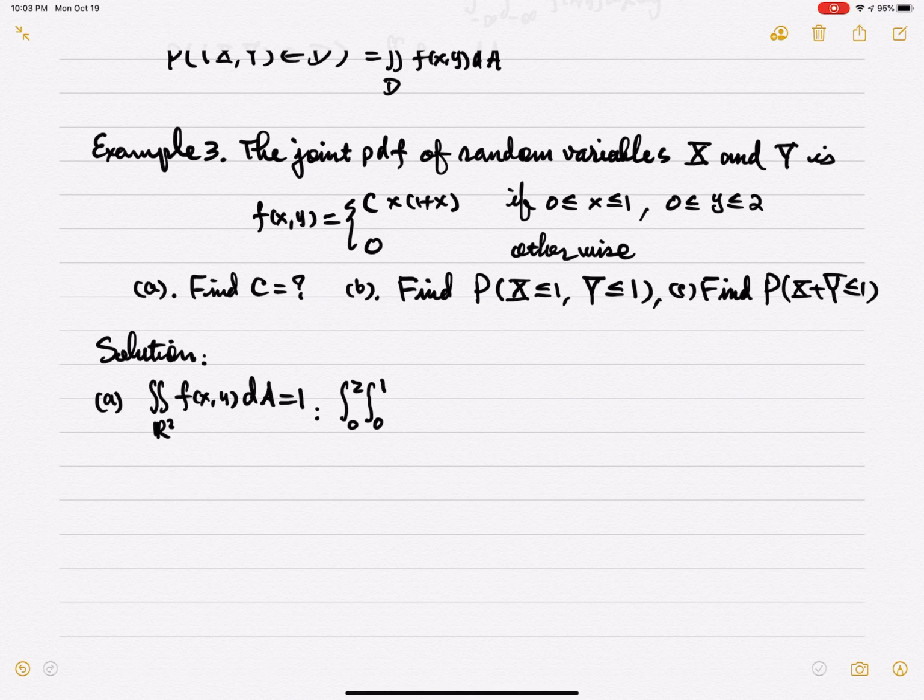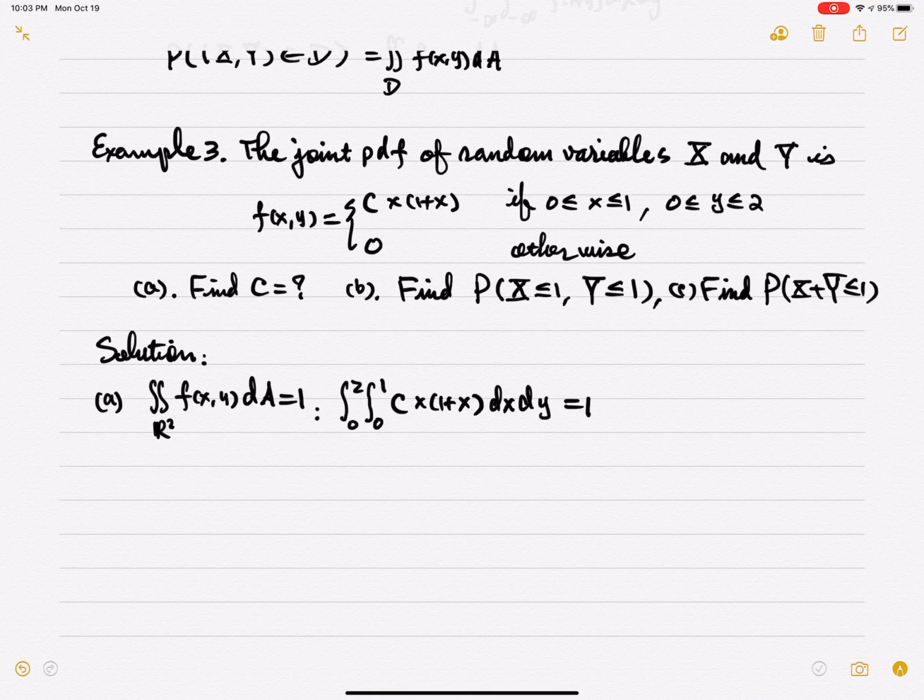So that means we can directly write this. Here, this is c, and then x times (1 plus x). On this rectangle, the piecewise defined function is like this. So this must equal 1.